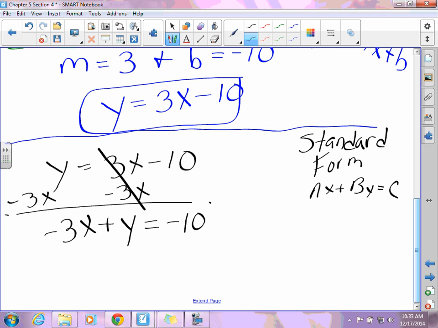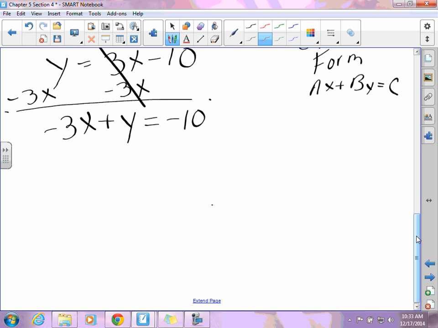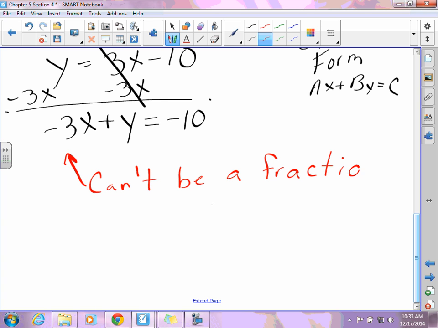This number right here, that -3, okay, I'm going to try to write that a little bit better. It can't be a fraction or a negative number.